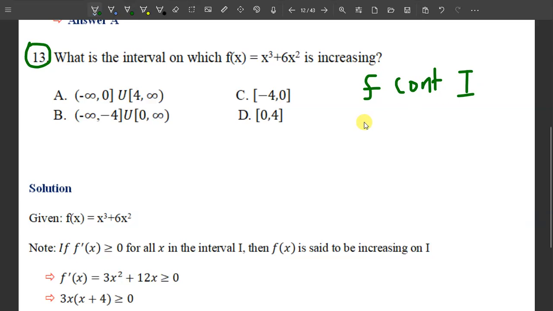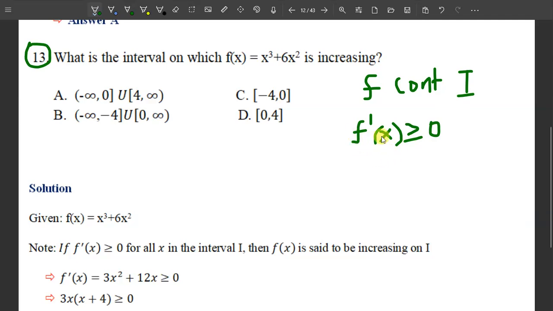Then the derivative test tells us if f prime of x is greater than or equal to 0 for every x in I, then we say f is an increasing function. f is an increasing function on I.